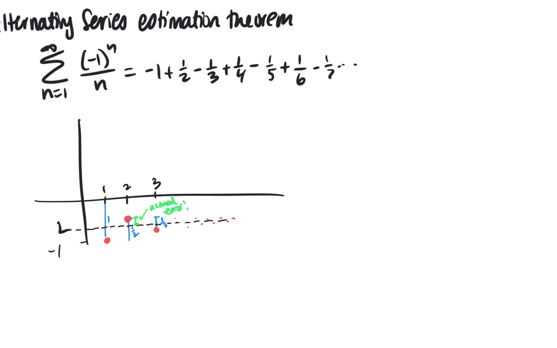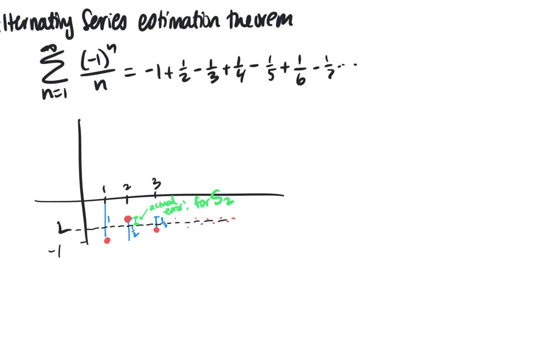And so what the alternating series estimation theorem is telling us is that the actual error for any given partial sum, so this is the error for S2, where S2 is the second partial sum.